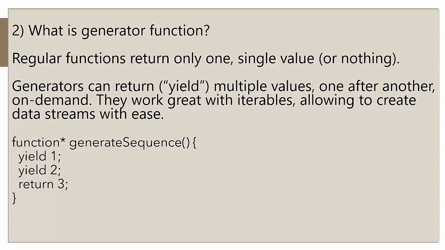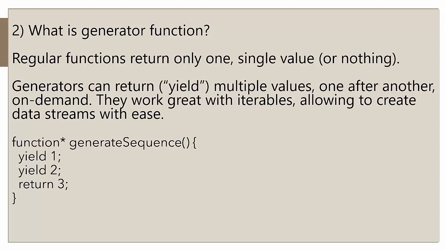What is a generator function? Regular functions return only one single value or nothing. Generators can yield multiple values, one after the other, on demand. They work great with iterables, allowing us to create data streams with ease. So how do we define a generator function? It is defined as function with a star and generateSequence, whatever name you can call it.